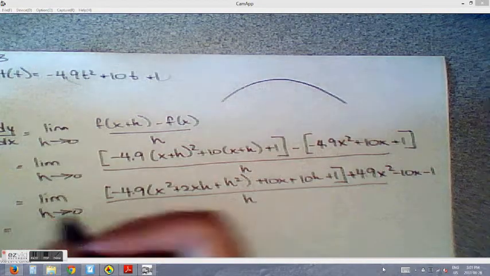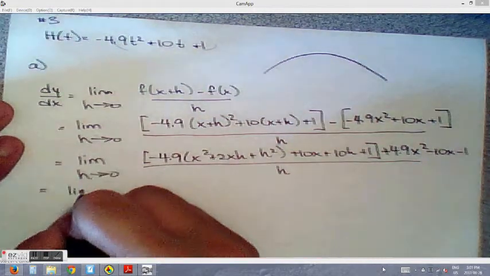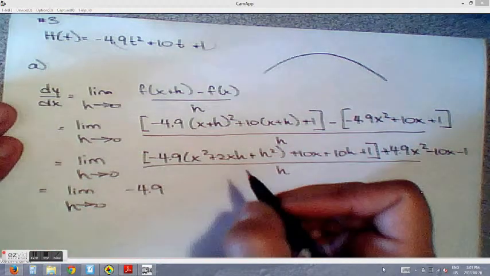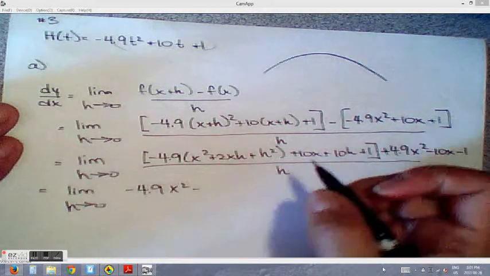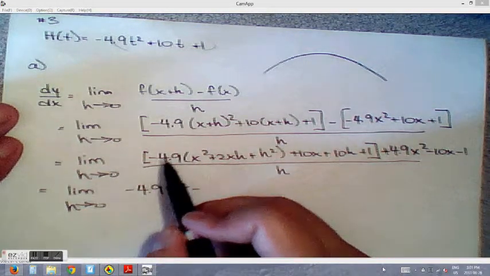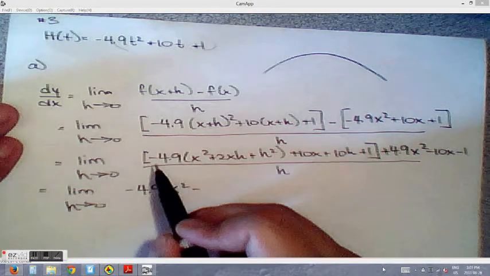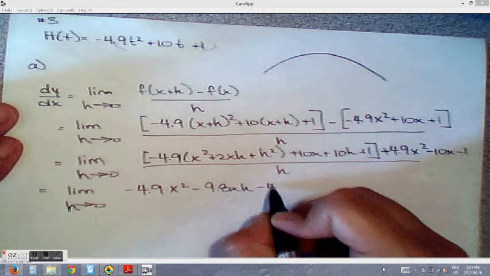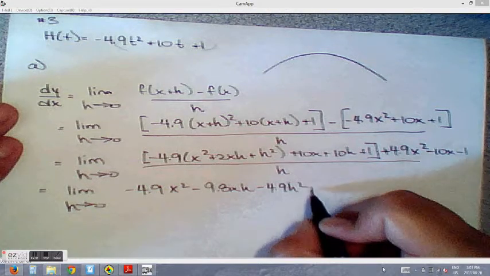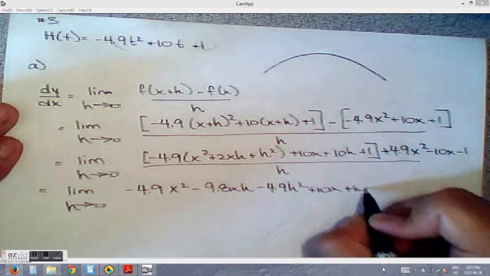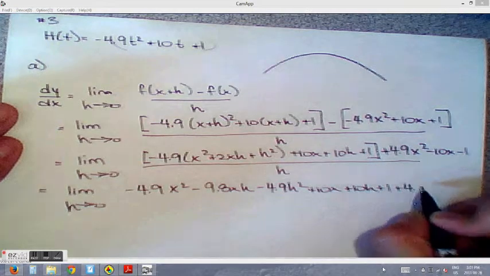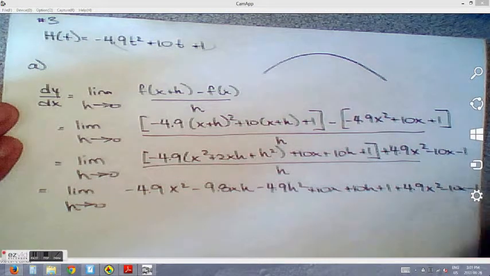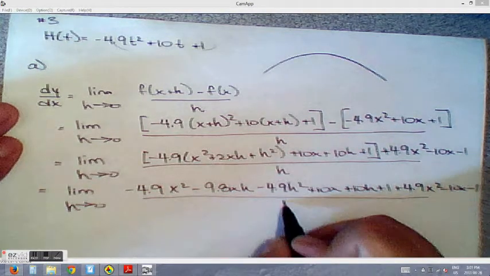That equals the limit as h approaches 0 of negative 4.9 x squared, minus 9.8 xh, minus 4.9 h squared, plus 10x plus 10h plus 1, plus 4.9 x squared minus 10x minus 1, all over h. Oh my goodness.